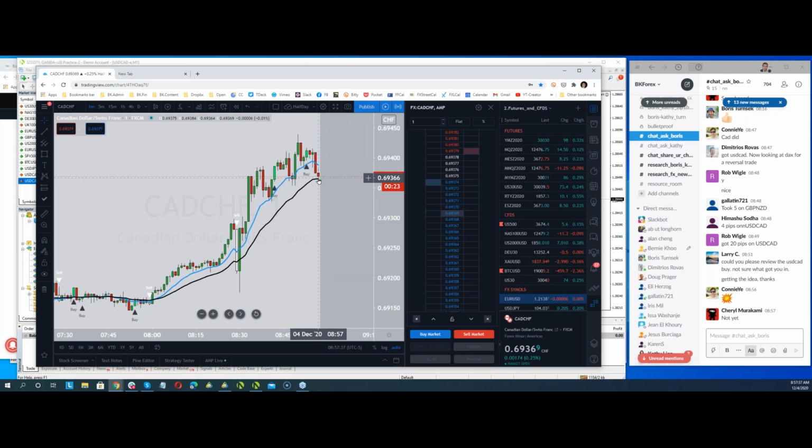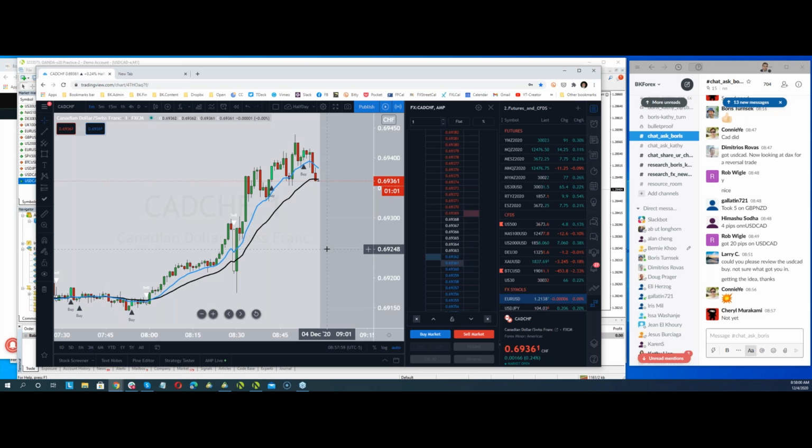Although the one thing that worries me, and it's not a function of anything that you can predict, is just how much crap the dollar CAD dealers are going to put you through. Canadian dealers love to go the opposite way of the news and flush out the fundamental traders before they actually resume the proper trend of the currency.